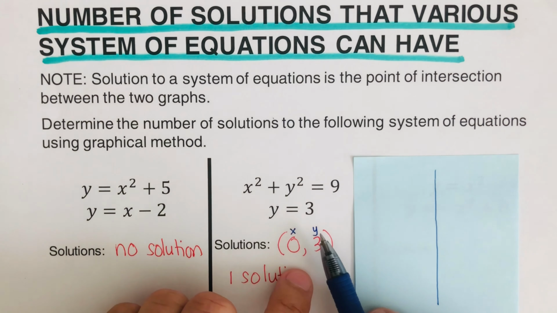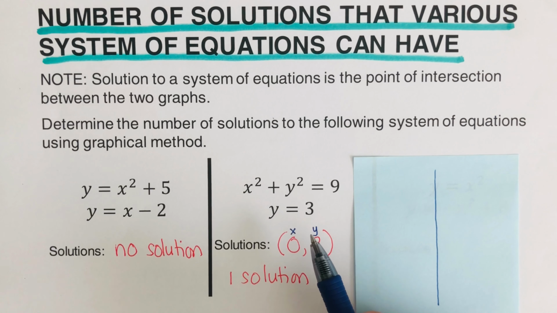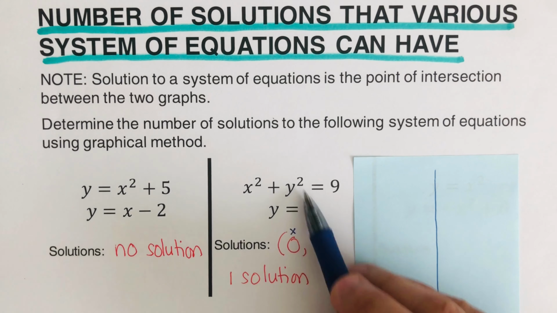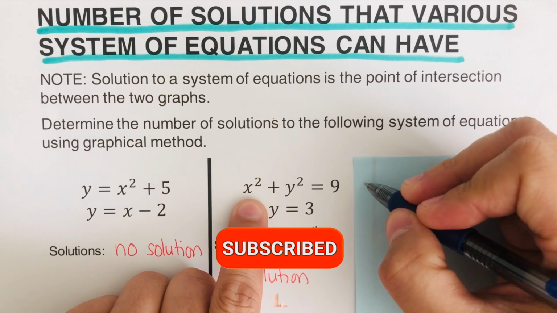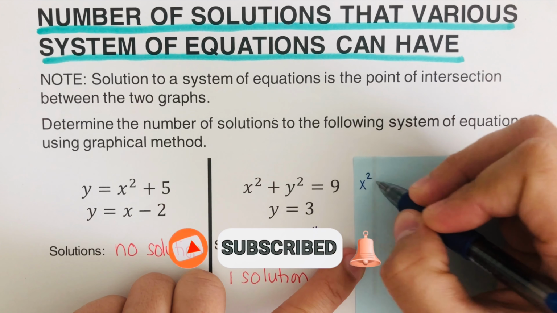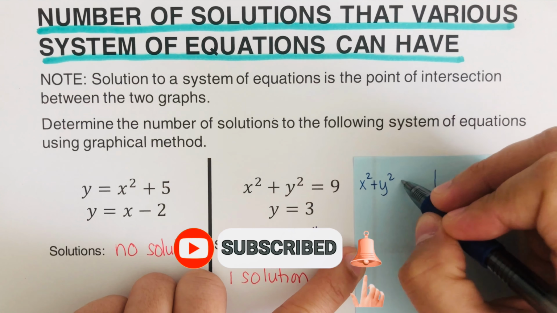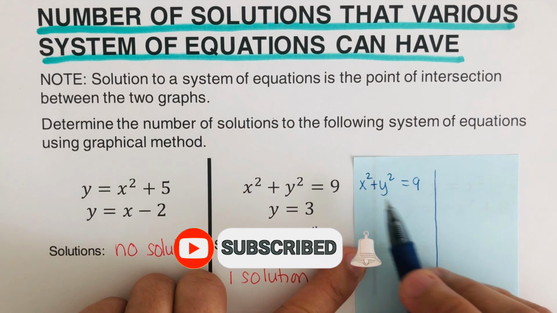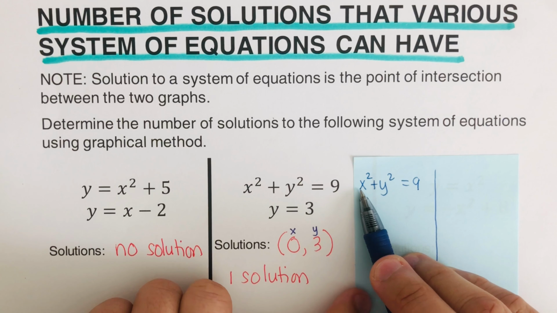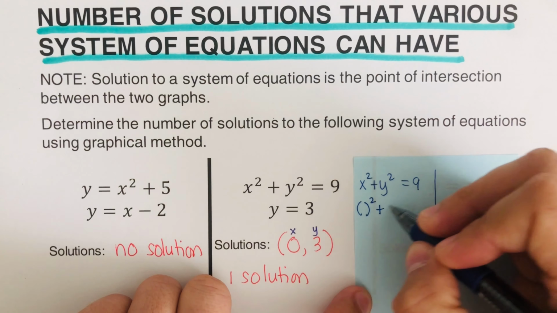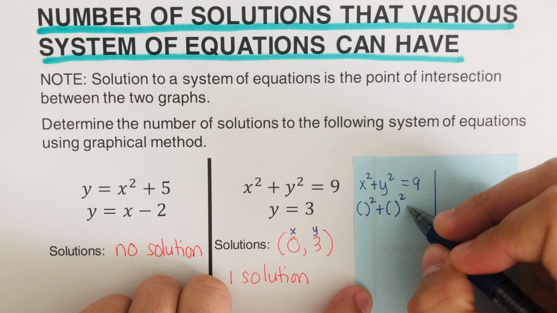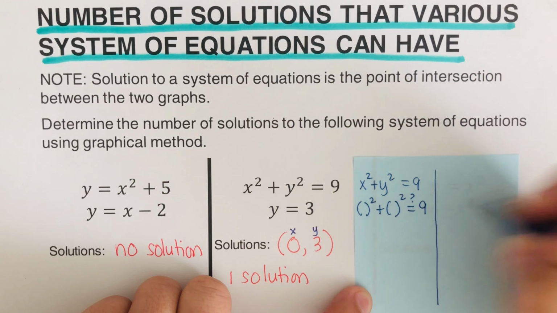We are testing algebraically if this solution works for these two equations. We start with the first one, x squared plus y squared is equal to 9. Again, when we check, we change the variable into a parenthesis. So that is parenthesis squared plus parenthesis squared, is that equal to 9?